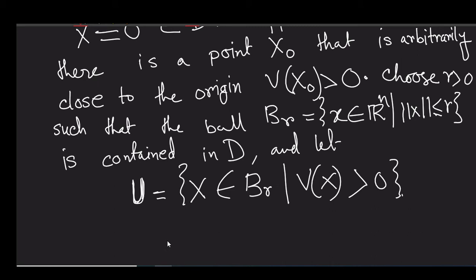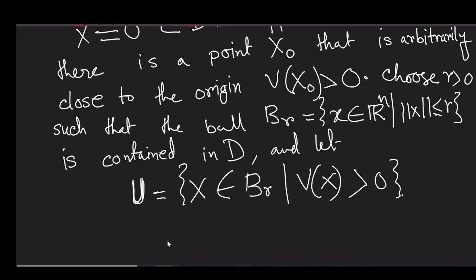So basically, the set U will contain all the points x inside the ball Br for which you have V of x greater than 0.